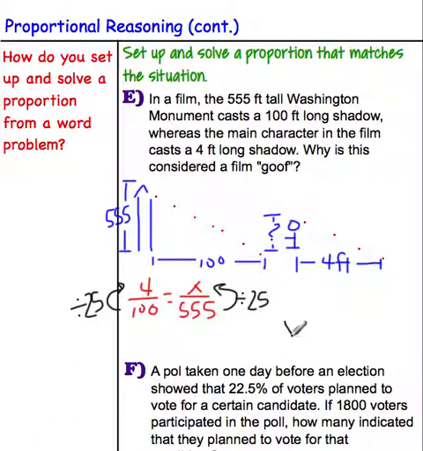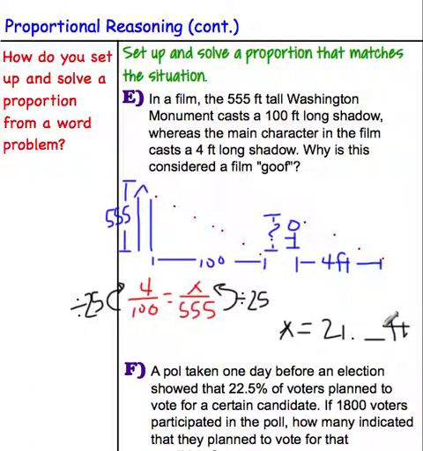Well, if I take 555, I know that 25 goes into 100 4 times. So therefore it goes into 500 20 times plus another 55. So this is going to be 21 point something feet.